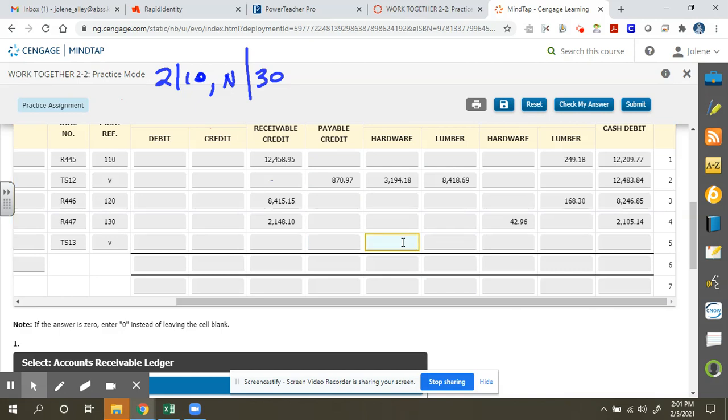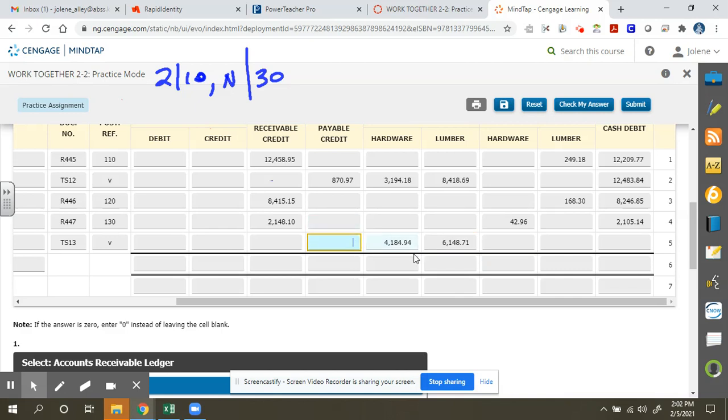They're going to give us the hardware, and they sold. This is the sales out of the cash register. Hardware sold $4,184.94, and lumber sold $6,148.71. Now we got to figure out the tax.